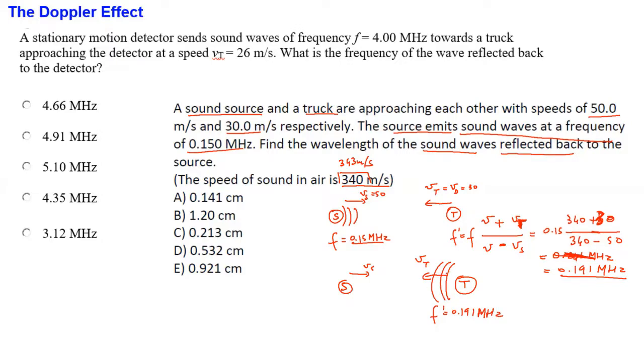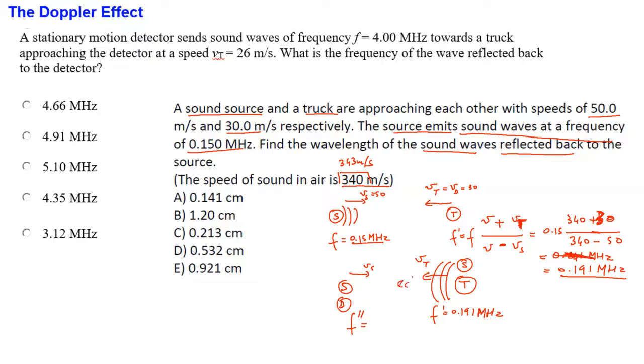Now the track will be the source for the echo. So the track is a new source here. Be careful. And then my sound source is a detector now. So now I want to find what is F double prime here. So this is the echo.